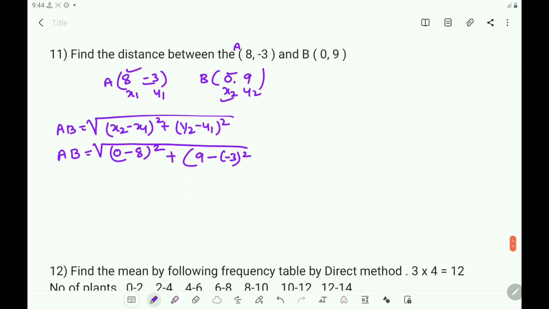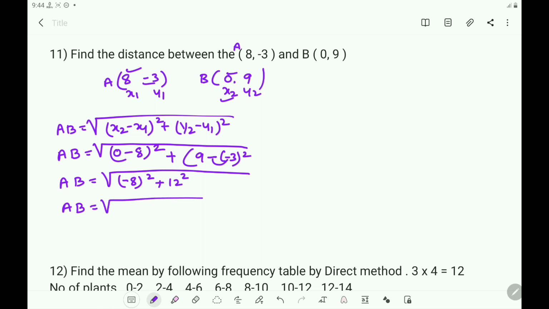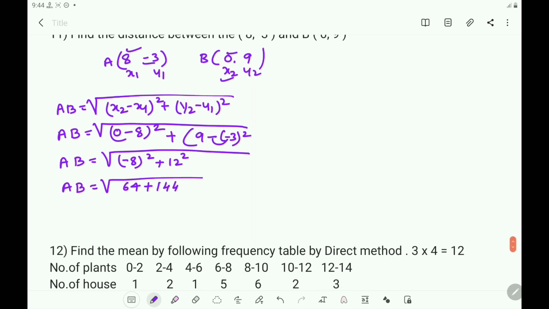Then AB equals whole root 0 minus 8 is minus 8 whole square plus 4 minus means 4 plus 3 is 7 square. That is AB equals square root of 8 square is 64, plus 7 square is 49.